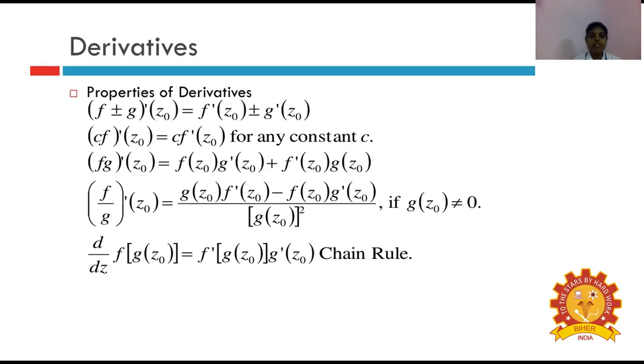Next, (f by g) the whole dash of z naught equal to g of z naught into f dash of z naught minus f of z naught into g dash of z naught, divided by (g of z naught) the whole square, when g of z naught not equal to 0. And d by dz of f of g of z naught equal to f dash of g of z naught into g dash of z naught by the chain rule.